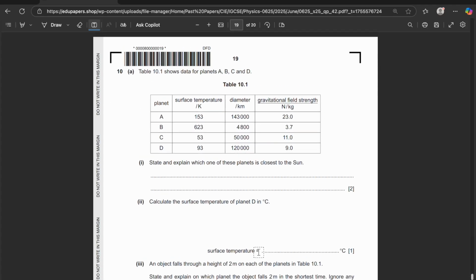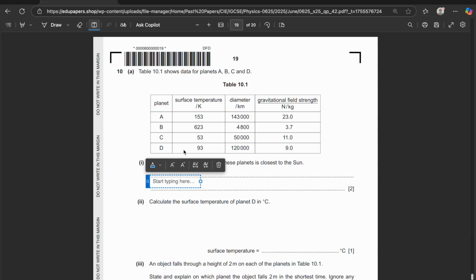10a. Table 10.1 shows data for planets A, B, C, and D. State and explain which one of these planets is closest to the sun. So you can look at it by the surface temperature. If it is the highest, approximately you can guess that it is the closest.